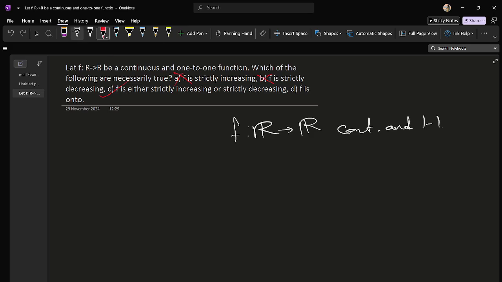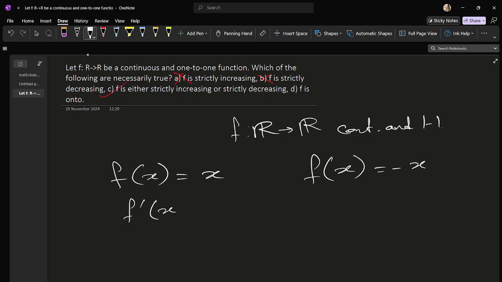So if we take two examples, let f(x) be x and another f(x) be minus x, then the derivative is 1 and the derivative with respect to x will be minus 1.